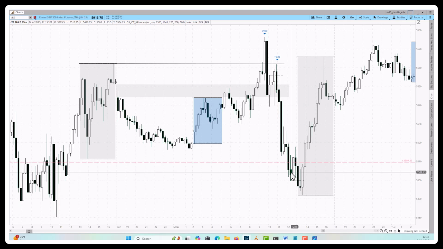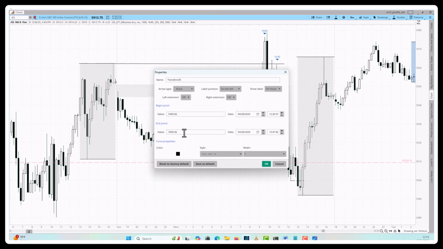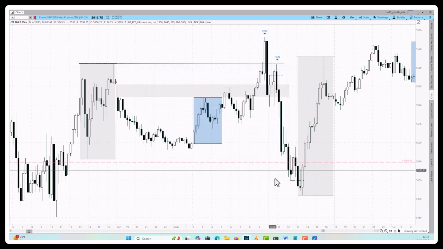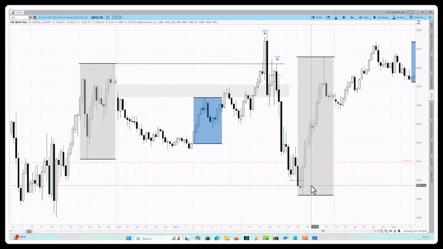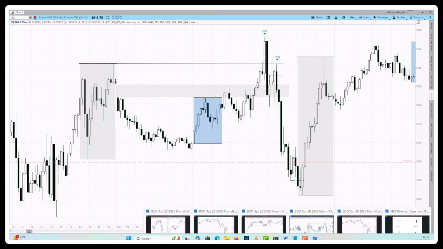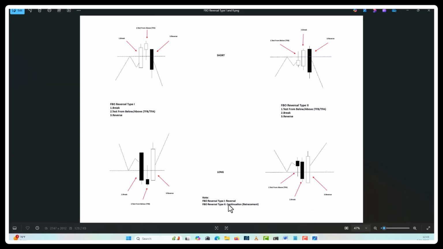The low of this is 54,99,75. So basically, what do we see? We see the break, touch from below and reverse. That is the type 2 right here. Man, so beautiful. And then type 1 right here: break, touch from below, reverse.